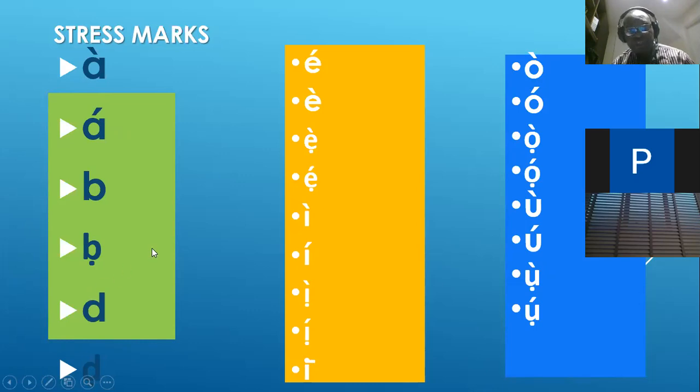And then of all the consonants, 2 of them, the B consonant and the D consonant, have dots under them. So we said without a dot is the labial sound, ba, ba, ba, while with the dot underneath is the palatal sound. It's as if your tongue is under your palate.